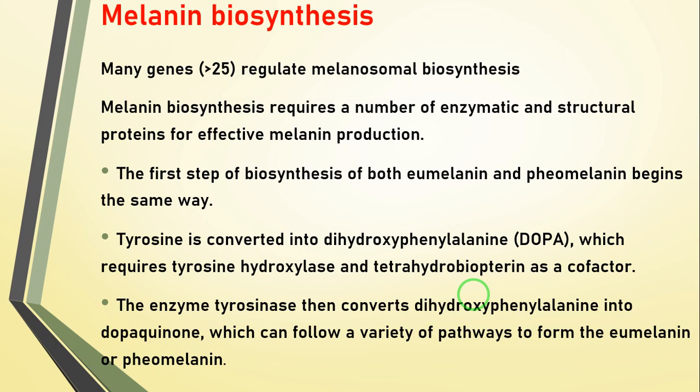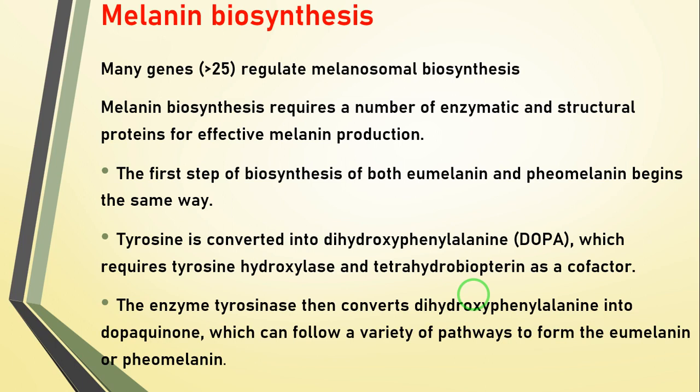Tyrosine is converted by an important enzyme, tyrosine hydroxylase, to DOPA, which is dihydroxyphenylalanine, and this process is the first step and the rate limiting step in the production of melanin. This step also requires a cofactor, which is tetrahydrobiopterin.